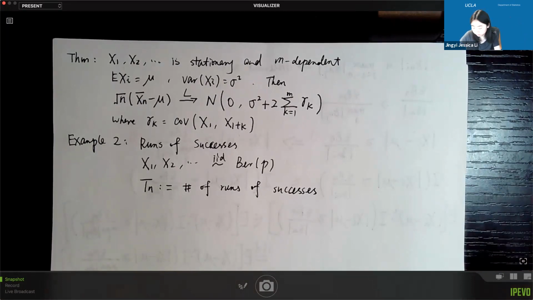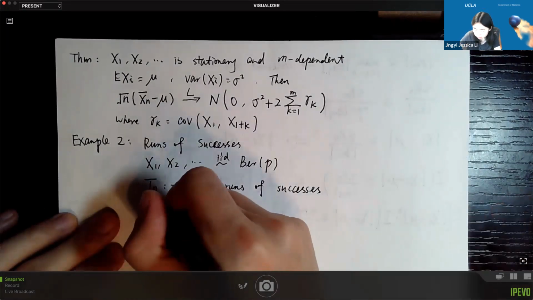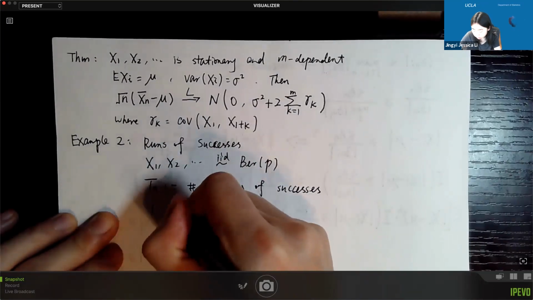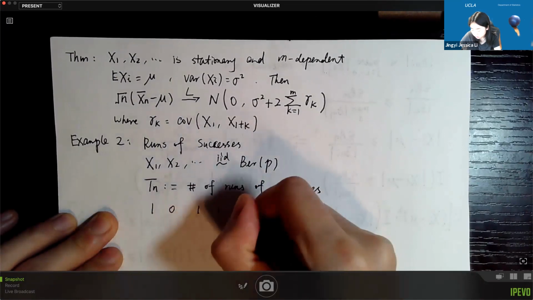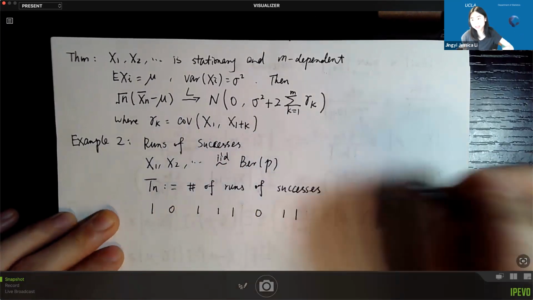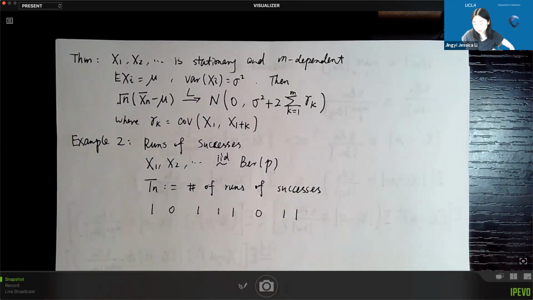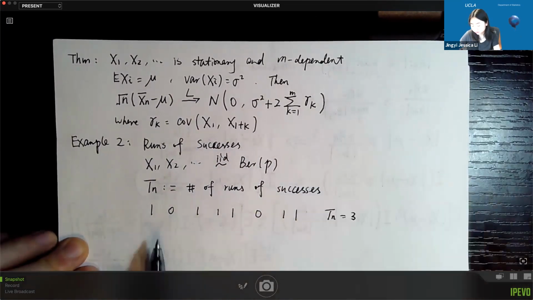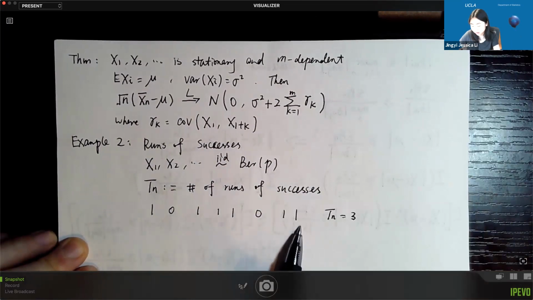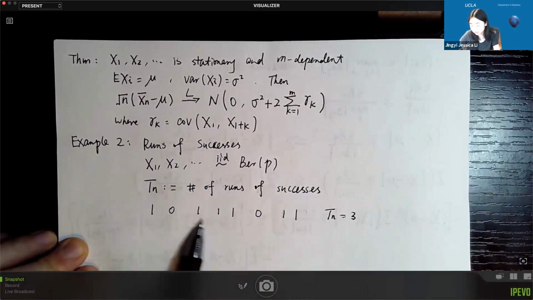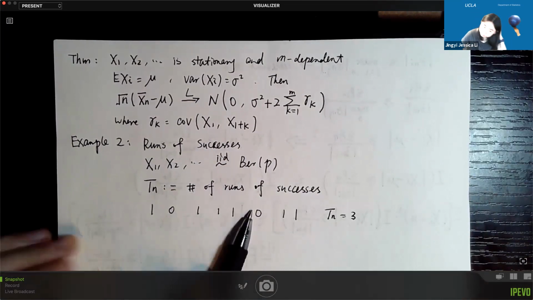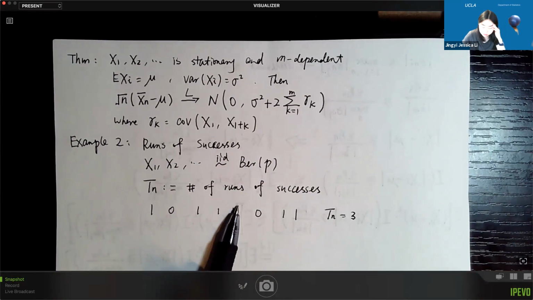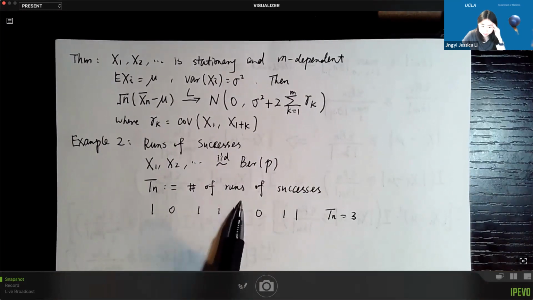So for example, if I have a sequence realization as 1, 0, 1, 1, 1, 0, 1, 1, then Tn here would be equal to 3. I have 3 runs of successes. So I will count the number of consecutive one segments. So this is what we're interested in.